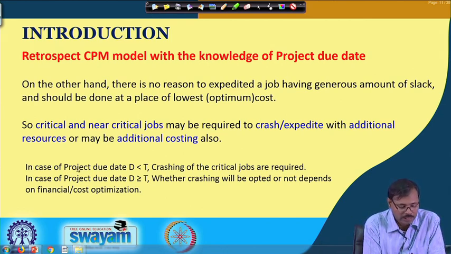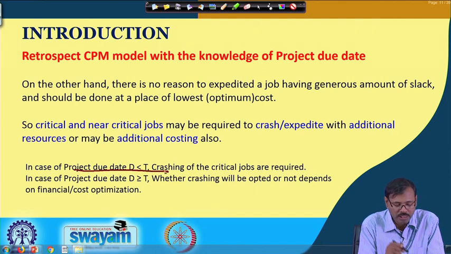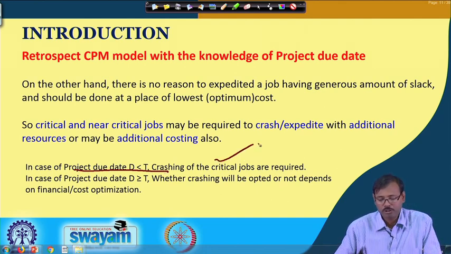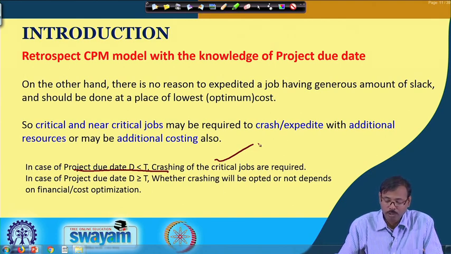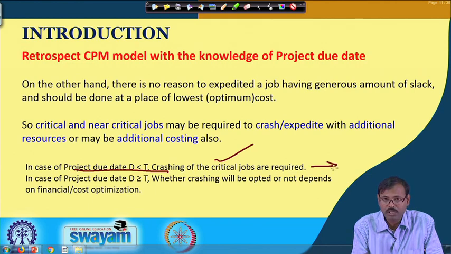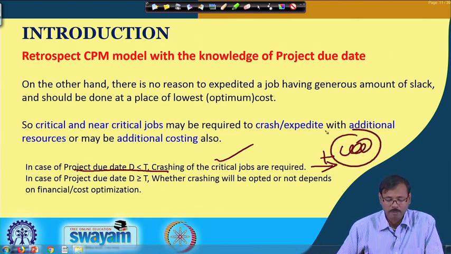So, in case the project due date D is less than T, crashing of the critical jobs is essentially required, and it may be possible that some of the non-critical jobs may also be required to be crashed. That means all the critical jobs plus maybe some of the other jobs have to be crashed.